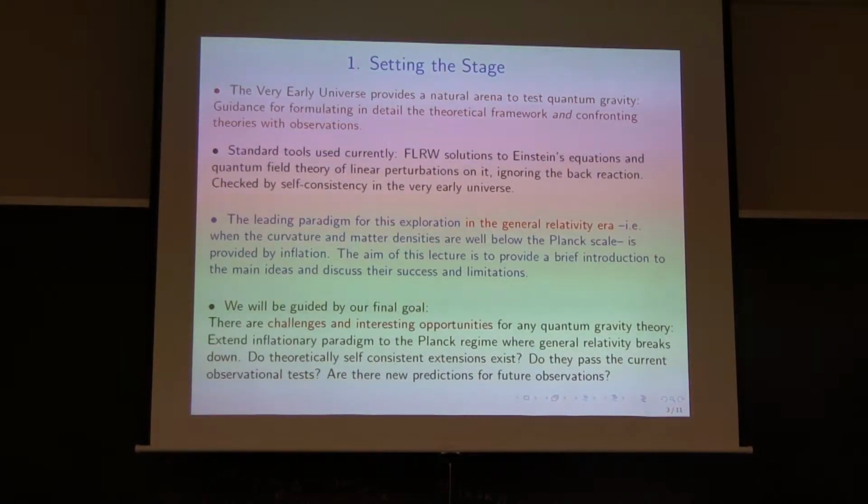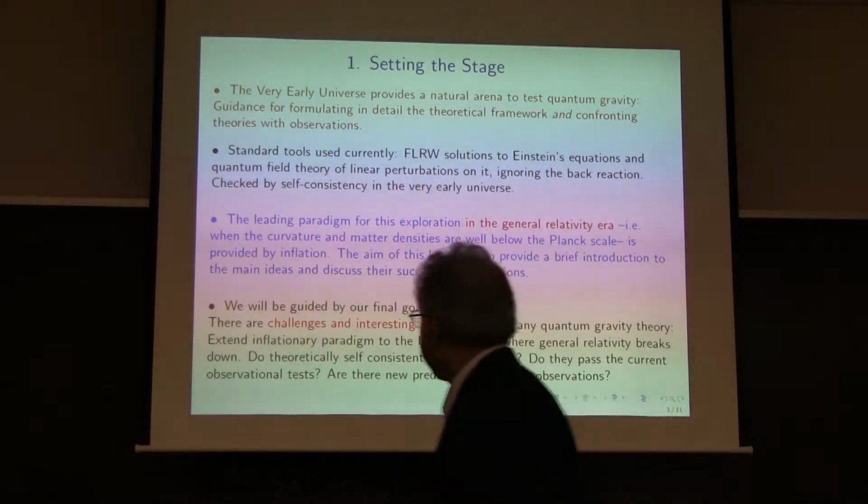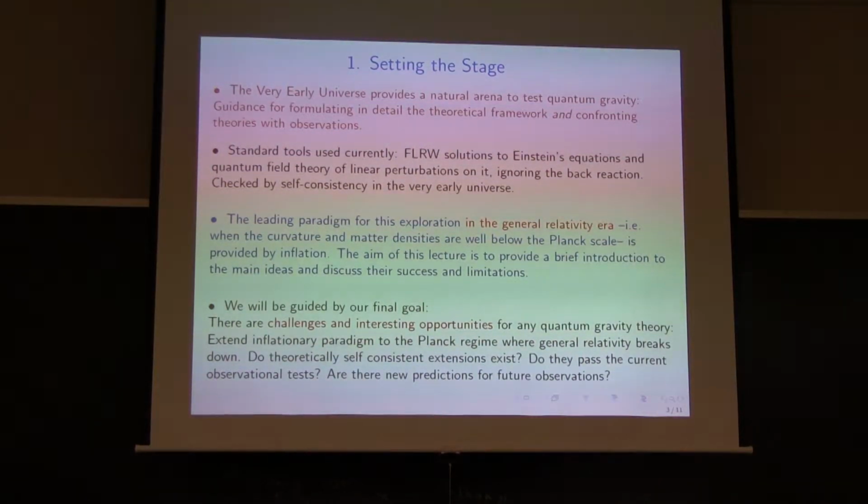As I explained in the very first lectures on the early universe, the very early universe provides a natural arena to test quantum gravity. In particular, it provides guidance for formulating in detail the theoretical framework and for comparing the theoretical ideas with observations. Now, the standard tools currently used are Friedmann-Lemaître-Robertson-Walker solutions with Einstein's equations and quantum field theory of linear cosmological perturbations, ignoring the back reaction.